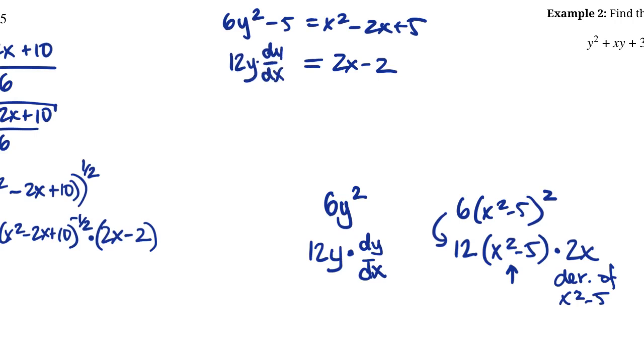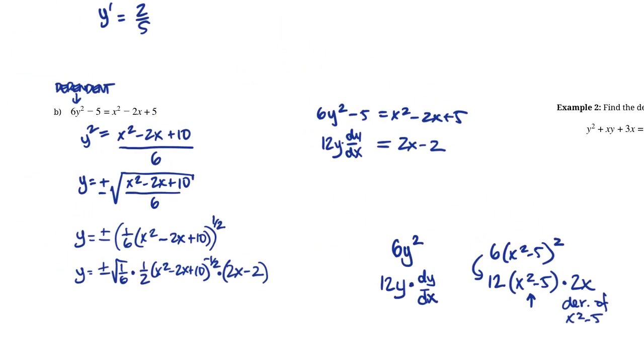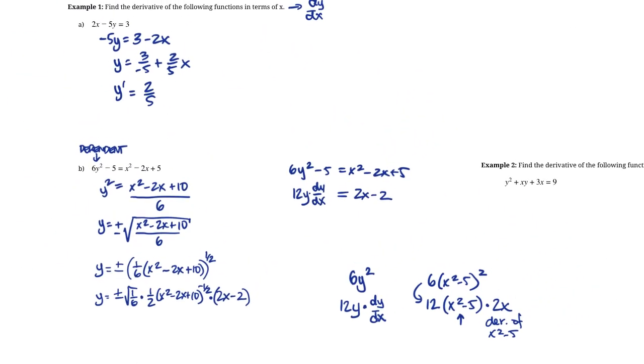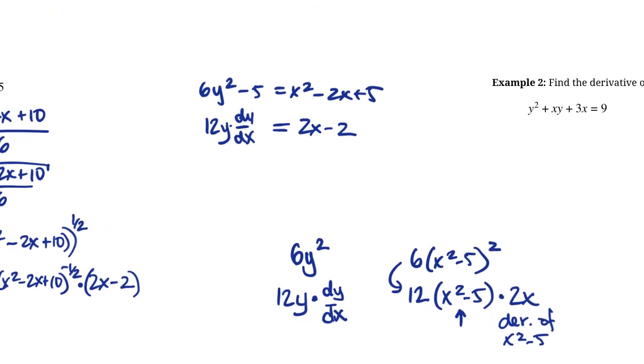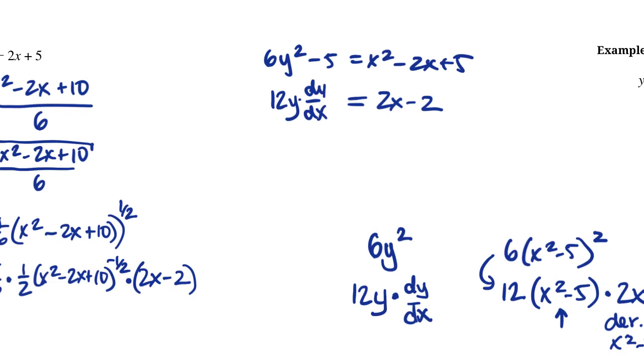And remember what our goal is with this question. If you look at what our question was originally asking for, if we go all the way up to the top, find the derivative in terms of x. So essentially what we're trying to find is dy by dx. Now we have a dy by dx in our equation, right? So if we wanted to find that, we can just isolate for that.